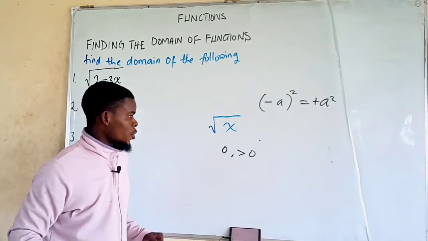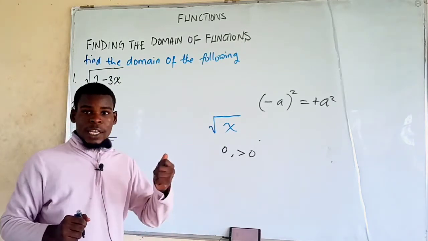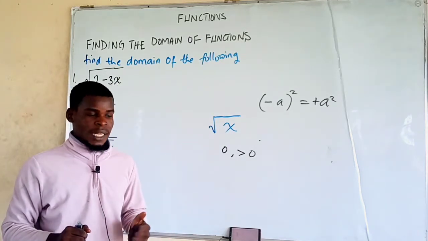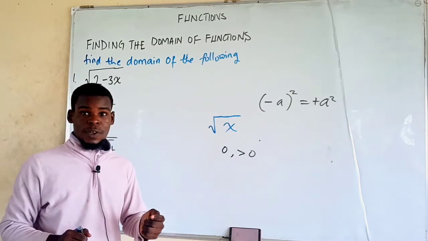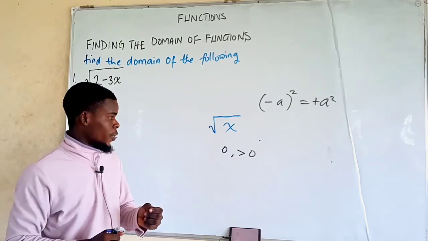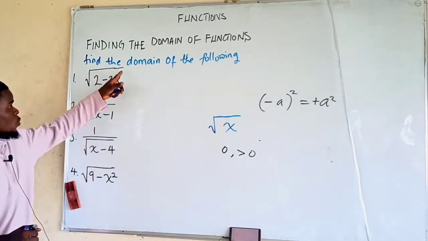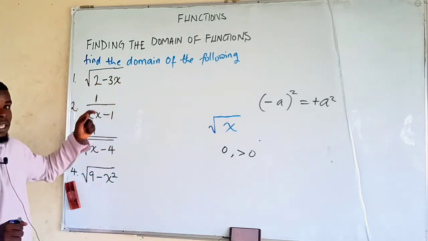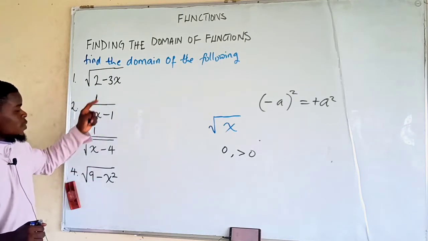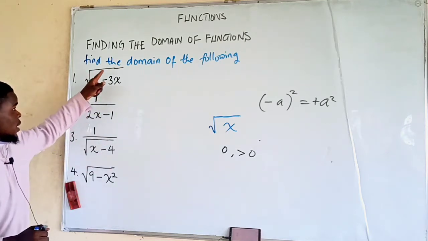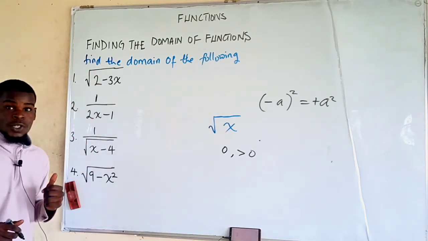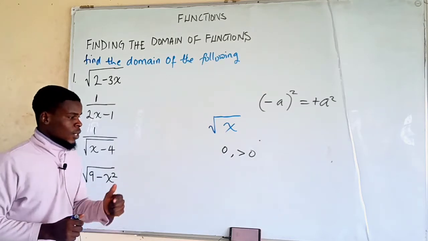So there is no way you would take the square of a negative number and have a negative result. That tells us that the square root of negative numbers does not exist in the set of real numbers. So our interest is that we want this thing to be non-negative. That is, we want it to be either 0 or bigger than 0. That is, the radicand 2 minus 3x must be non-negative for that function to be defined in the set of real numbers. So that is the approach.